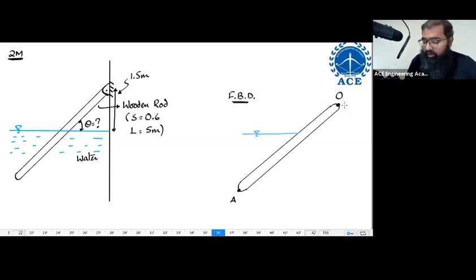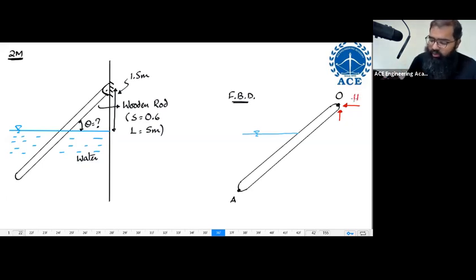We know at the hinge there are supposed to be two reactions, horizontal and vertical. Again, please don't ask me direction kaise le rahe aap. The logic over here is take any direction. If the answer comes out to be negative for that particular value, it means direction is wrong.